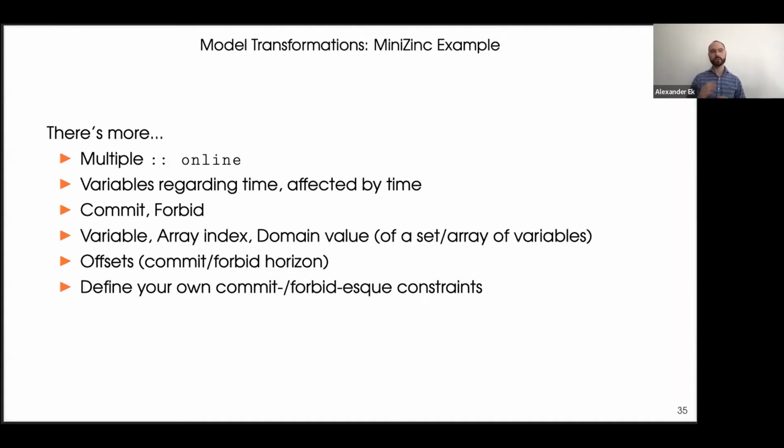We can do offsets as well. So if we have a specific commit or forbid horizon, maybe we want to assign that supervisor 10 minutes in advance, and then it should not change. We can have that commit horizon. And of course, we can define our own commit and forbid-esque constraints using the constructs that I've shown you.